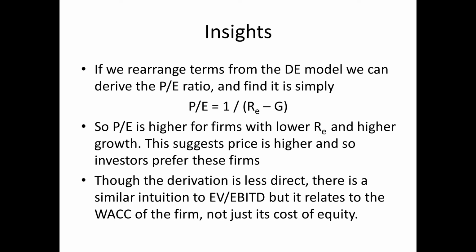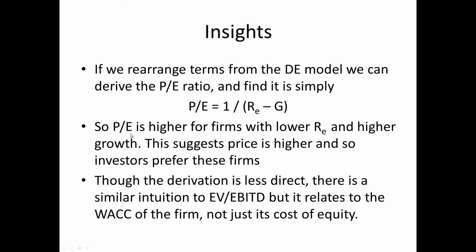Some insights though. If we were to rearrange the terms of the discounted earnings model that we reviewed earlier, we would find that you can actually get the PE ratio from that model, just because it's just price over earnings per share. When you solve for that, what you find out is it's just 1 over the rate of return minus the growth rate.